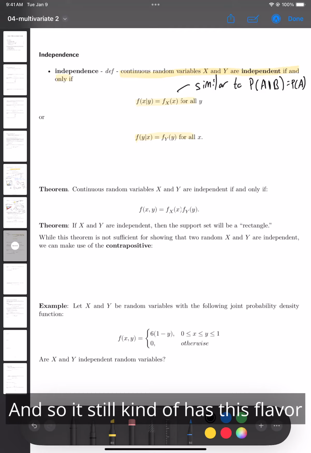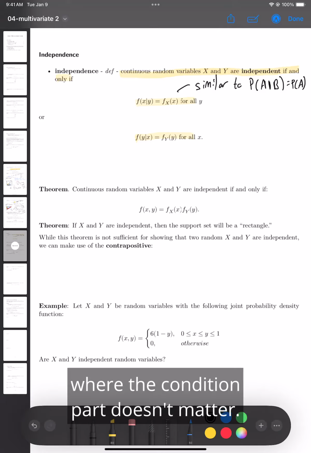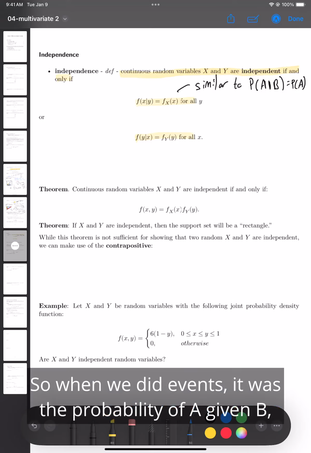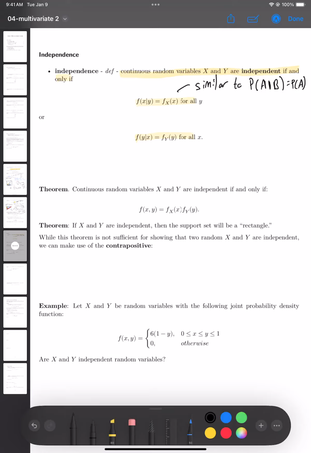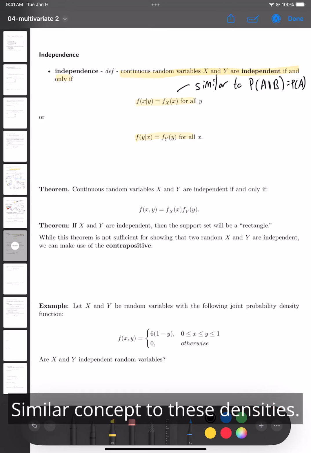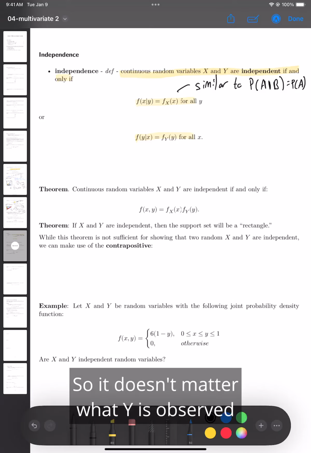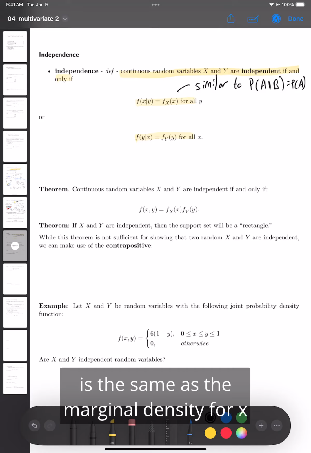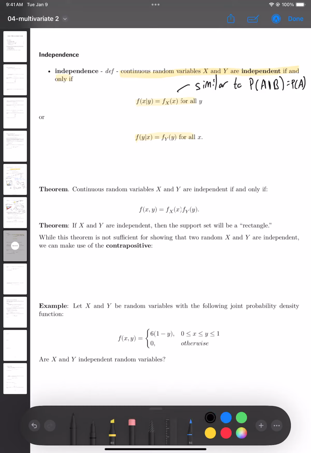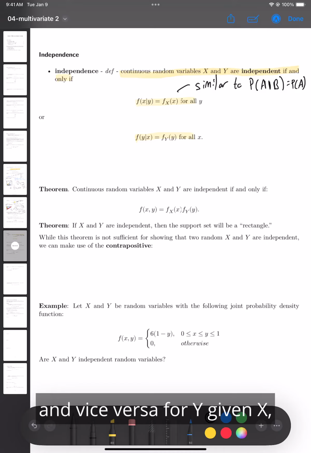It still has this flavor where the condition part doesn't matter. When we did events, it was the probability of A given B. It doesn't matter if B occurred, that's still the probability of A. Similar concept to these densities. It doesn't matter what Y is observed as, the conditional density is the same as the marginal density for X, and vice versa for Y given X.